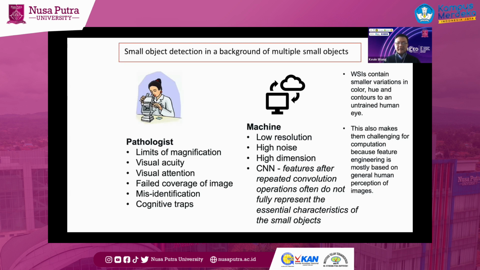As you can see just now, you can go from 1 times to 40 times, and the cognitive load is quite challenging for pathologists. Pathology comes with experience. The more experienced you are, the more confident you are and the higher the chance of an accurate diagnosis.